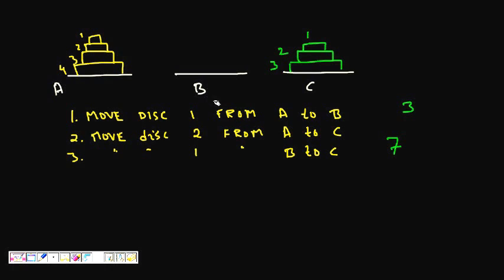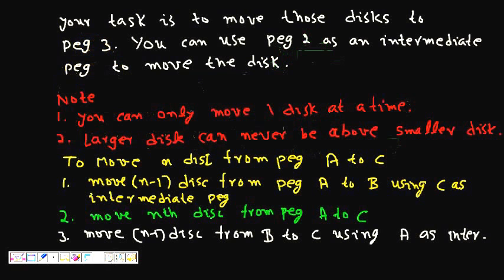Okay, so what we see is that to move n disks from peg A to peg C, what we need to do is something like this. These steps should be taken care of, and this was followed by us also.